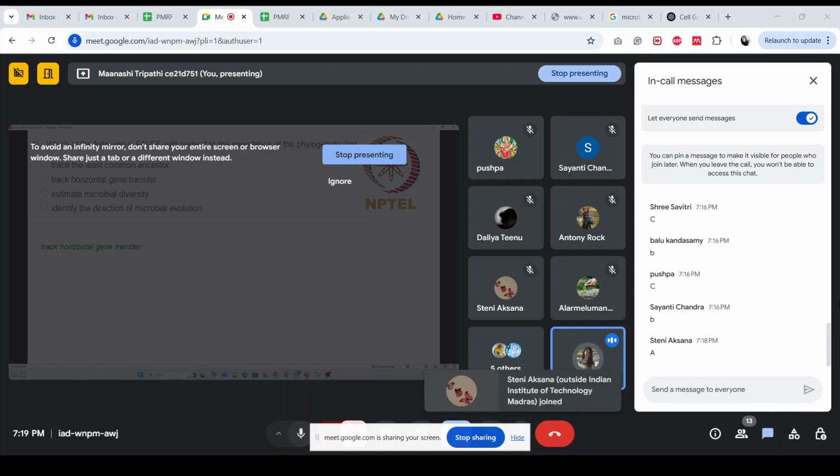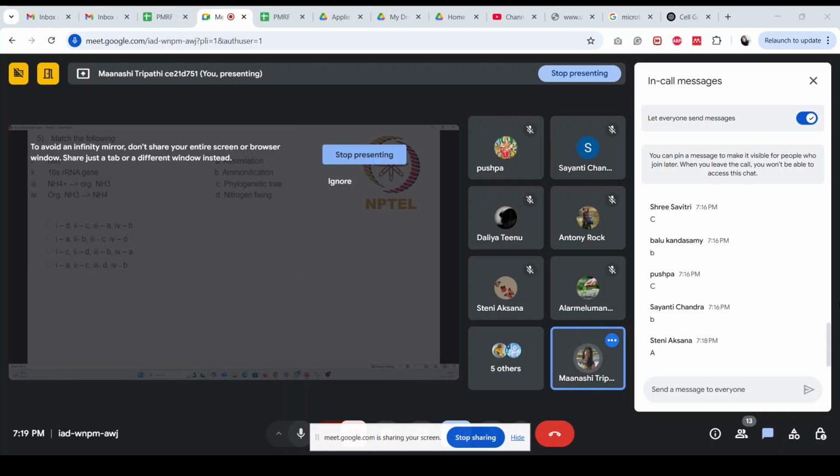Read the option very carefully, whether it is talking about a qualitative or a quantitative assessment. If I wrote quantify microbes or quantify microbial diversity, it would have been a false statement. And yes, it cannot track horizontal gene transfer. So that is there.